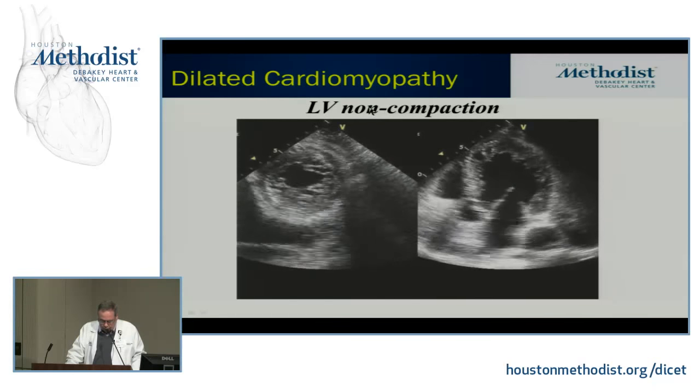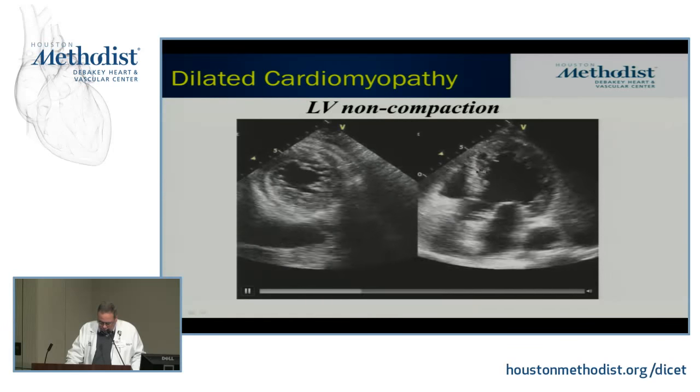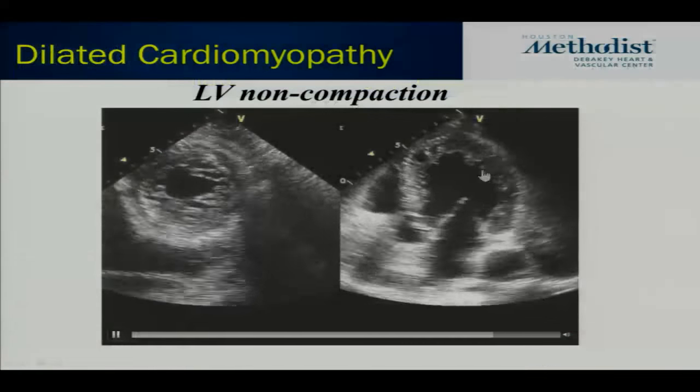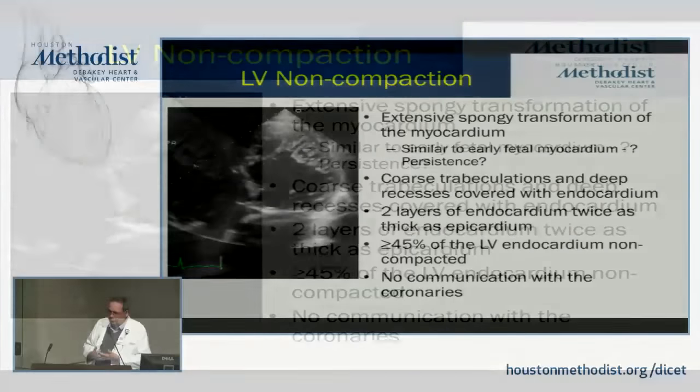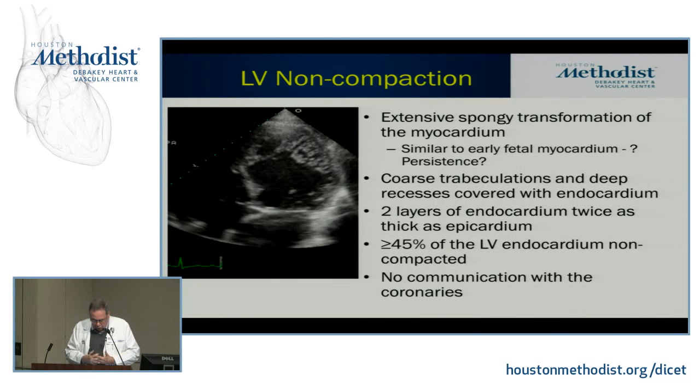And this is, of course, LV non-compaction, the feature being all these very long trabeculations. So-called spongy transformation of the myocardium, which is the fetal appearance of the myocardium. Basically, it's a genetic disorder where the myocardium remains in that fetal form, with coarse trabeculations and deep recesses that cover a lot of the endocardium.